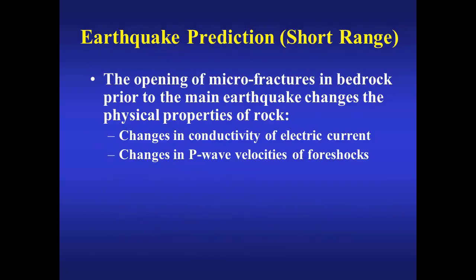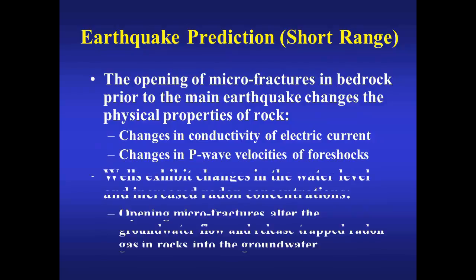The opening of microfractures in bedrock prior to the main earthquake can potentially change the physical properties of the rock, as for example changing the conductivity of electric current, changes in the overall P wave velocities of the foreshocks.